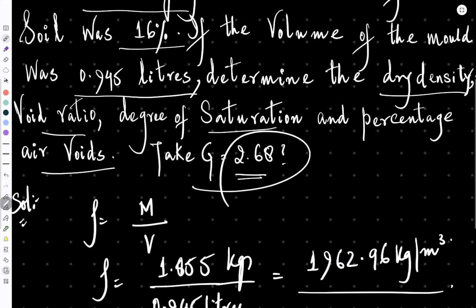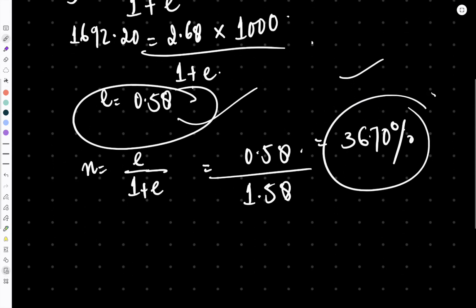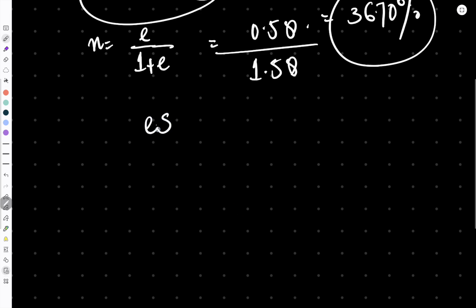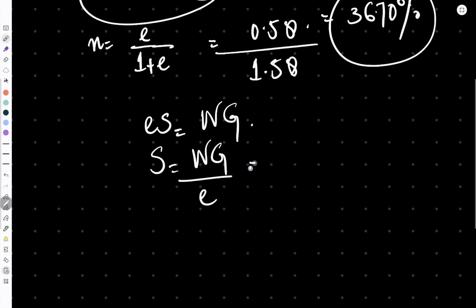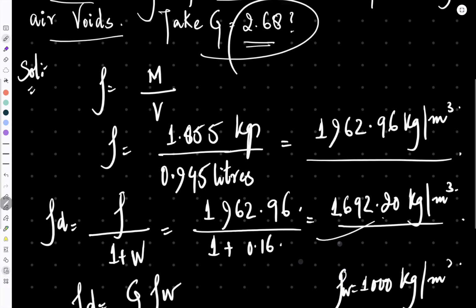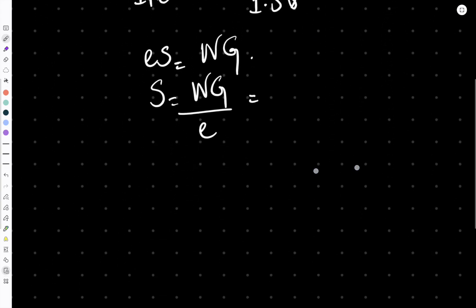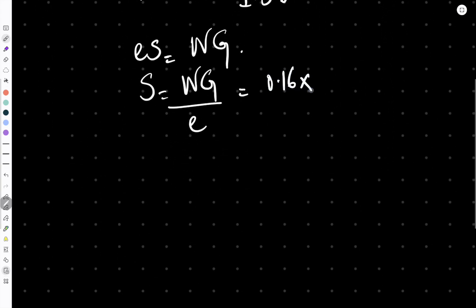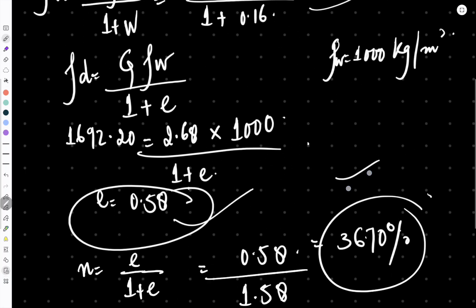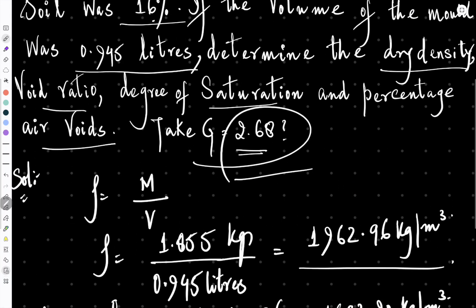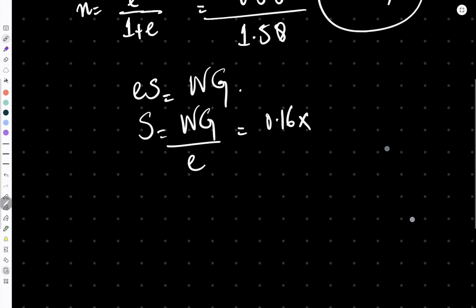Determine the degree of saturation. So we have to find the degree of saturation. As you know, we have these 4 parameters related by this equation: eS is equal to wG. So S is equal to wG divided by e. w is how much? Water content is given in the question as 16%, 0.16. Take G as 2.68, written in the question.